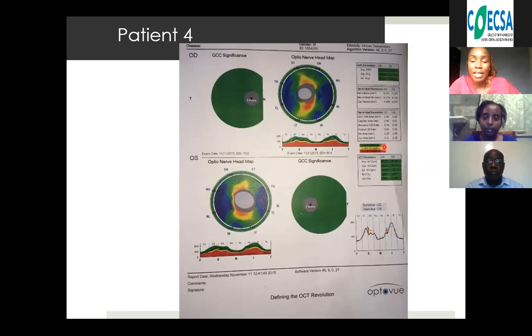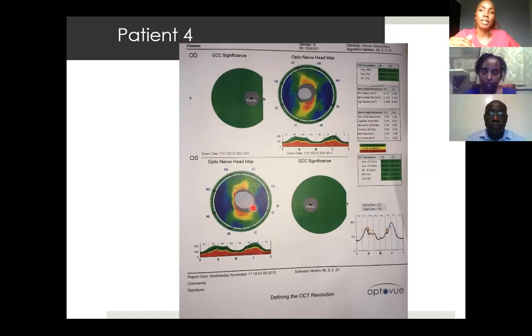His discs were asymmetrical, 0.6 in one eye and 0.8 in the other. But one disc was a normal size, 2.4, while the left disc was quite large, hence the asymmetry of the vertical cup to disc ratio.